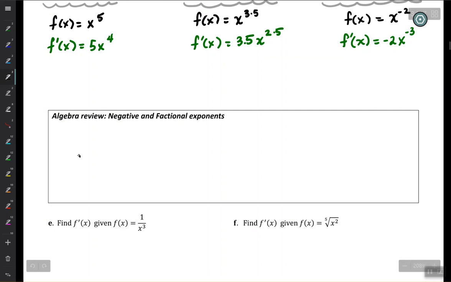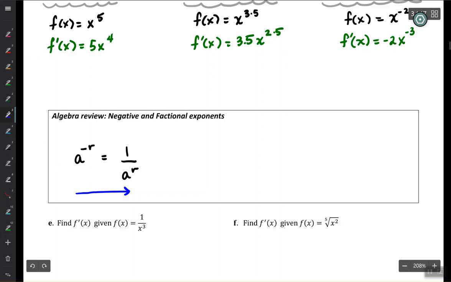So any number, a to the minus r is 1 over a to the r. This is notation for the reciprocal of a times itself r times. In your algebra classes, you often were going in this direction, getting rid of the negative exponent.